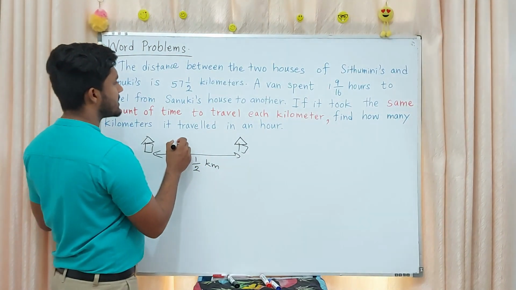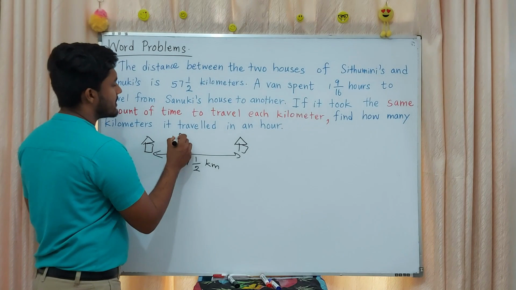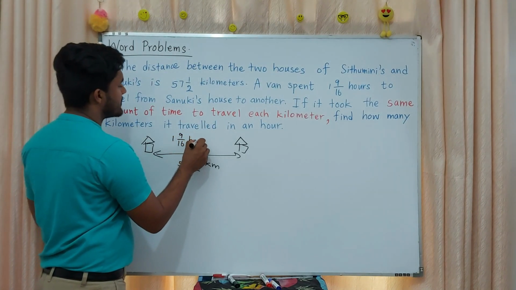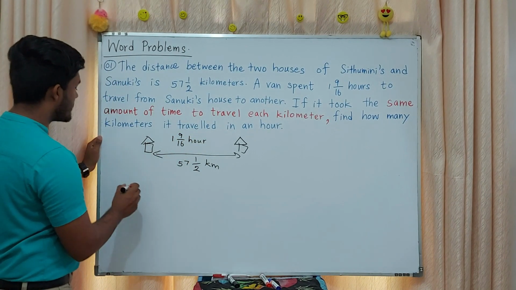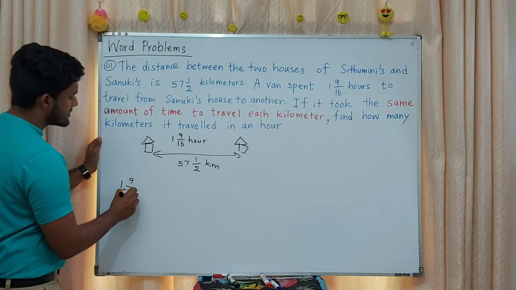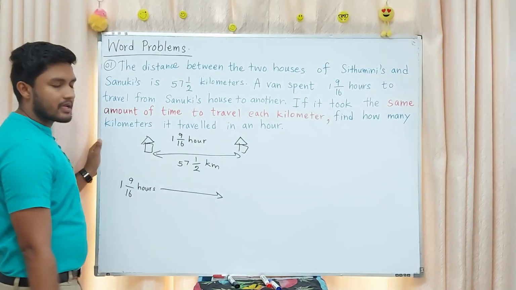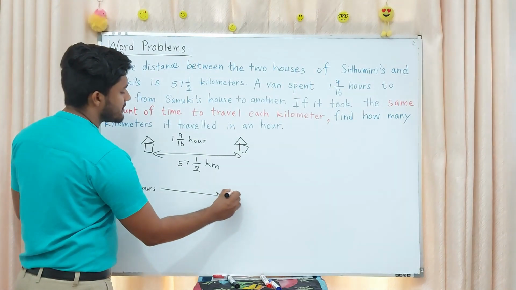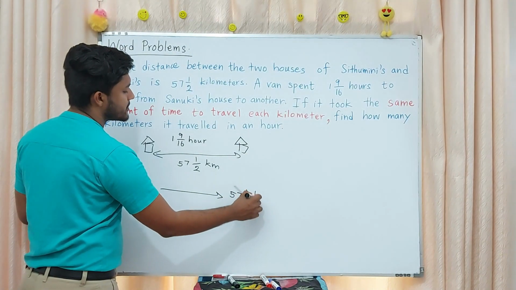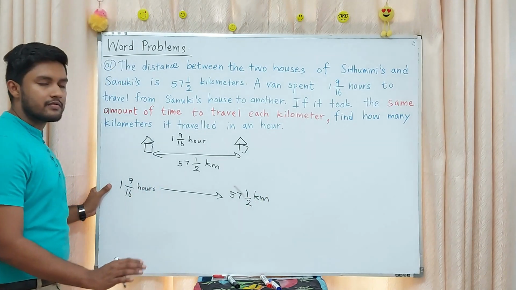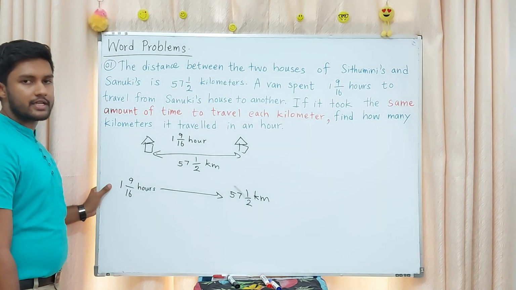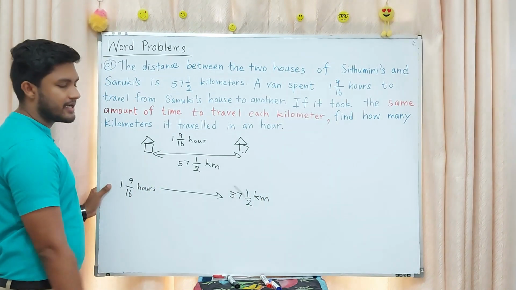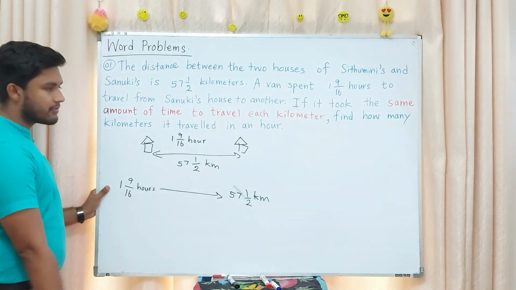Then the time taken is 9 over 16 hours, right? Then 9 over 16 hours was spent by the van to travel 57 1 over 2 kilometers. Then we want to find how many kilometers this vehicle travels during 1 hour.